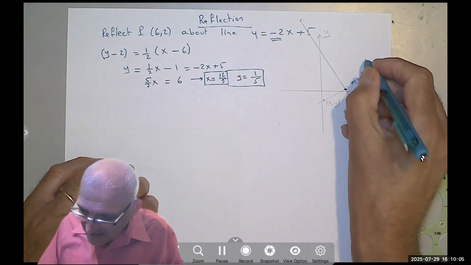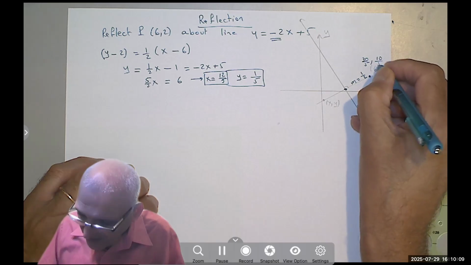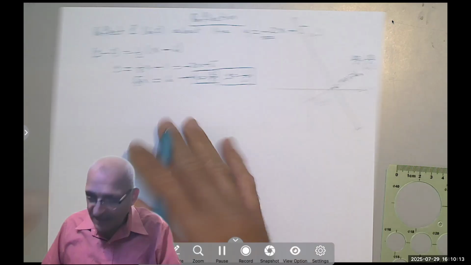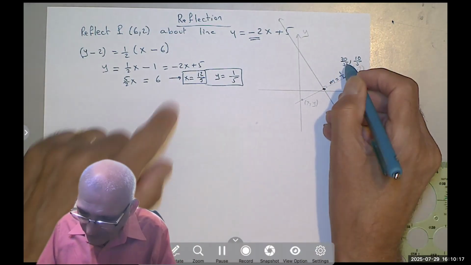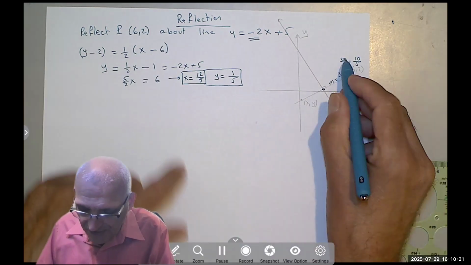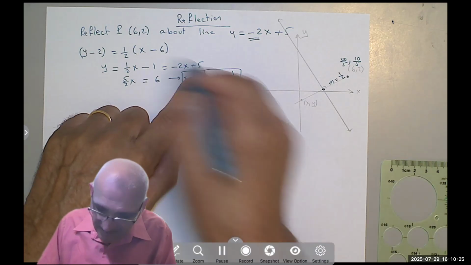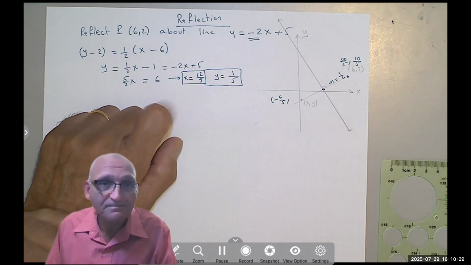Notice 6 is 30 over 5, and 2 is 10 over 5. So the easiest way, instead of using the midpoint equation, is to say that in the x, going from here to here, the x dropped from 30, forget about the 5 staying, to 12. That's a decrease of 18. So if I subtract another 18, I get negative 6 over 5 as my x.